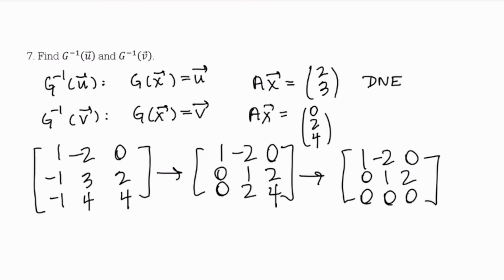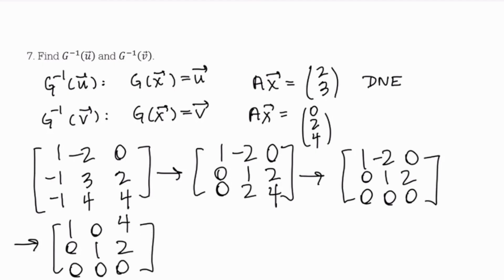Then from there, I'm going to add 2 of row 2 back up onto row 1. That gives 1, 0, 4, 0, 1, 2. I've got myself a fully reduced matrix, and what this is saying is that x1 equals 4 and x2 equals 2. Notice I didn't say x3 can be whatever it wants.